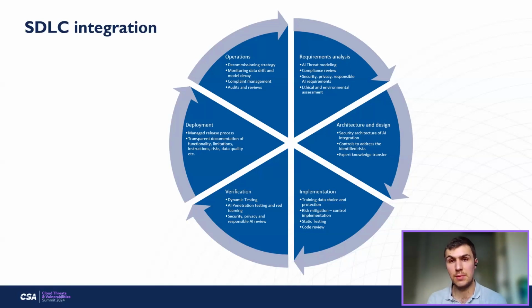Again, slightly different goals, but all of those need to work in concert in order for the AI model to be trusted. And of course, we have ethical and environmental concerns. So we would probably like to take a little while to think about those when we define requirements and what we want to achieve.